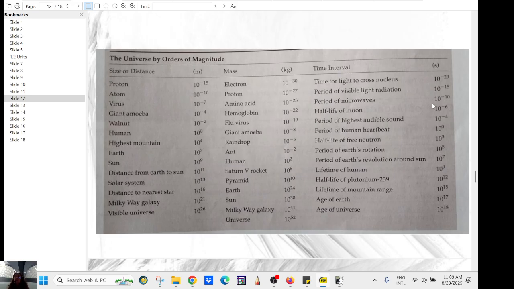Okay, let's do an exercise here just to make sure you know how to do it. 1 nanosecond is 10 to the negative 9. So if you have 10 to the negative 10, how many nanoseconds? 0.1.